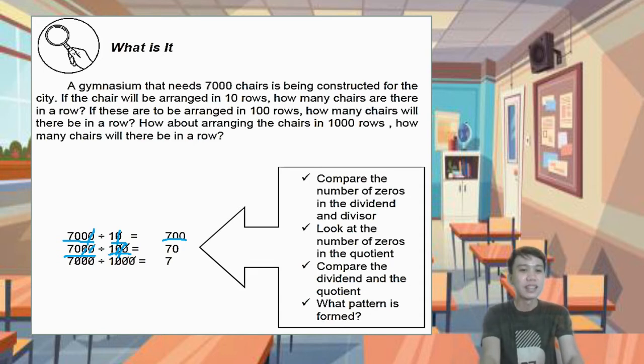Next, dividend and then divisor. 7,000 divided by 1,000. I-cross out natin lahat ng zeros sa divisor. 1, 2, 3. Sa dividend, i-cross out natin lahat ng zeros. Kung ilan yung cross out nating zeros sa divisor, ganun din ang i-cross out nating zeros sa dividend. 1, 2, 3. 7 divided by 1 is equal to 7.